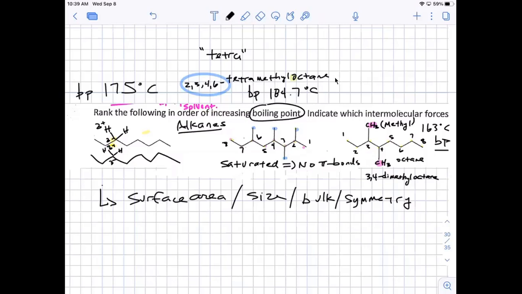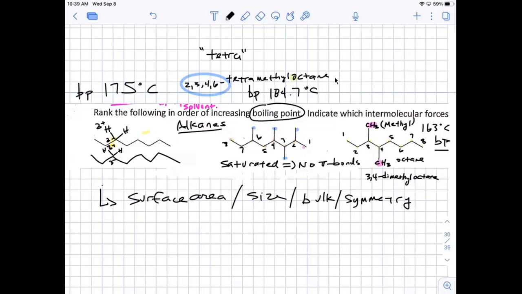Intuitively, you would think that the tetramethyl octane would have a much lower boiling point than the rest of them, simply because it's so bulky, right? All those substituents are on there and it's bulky.